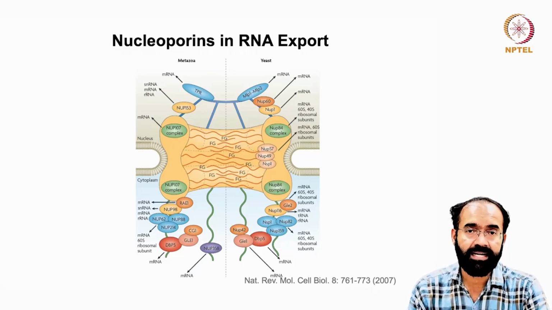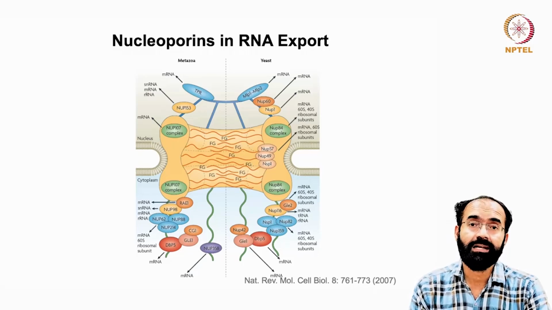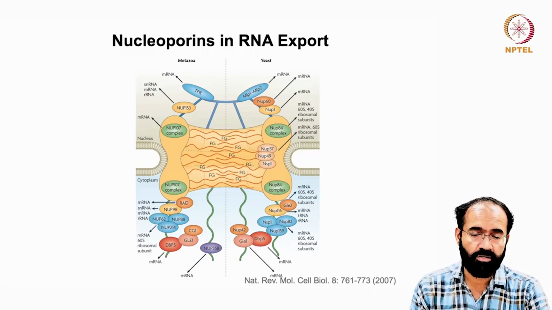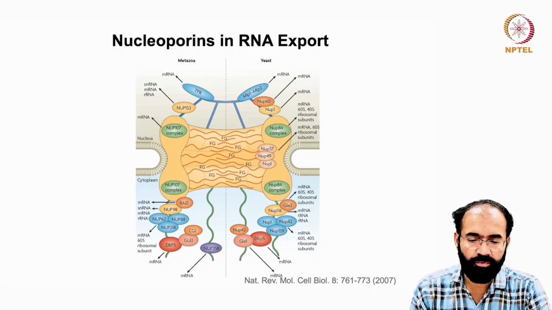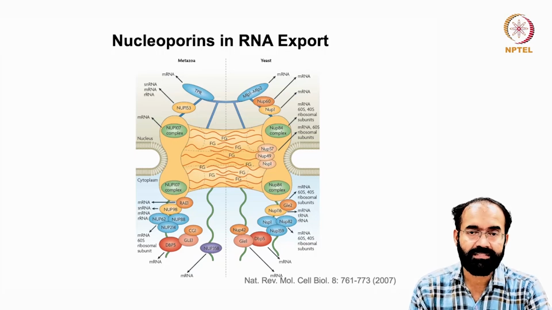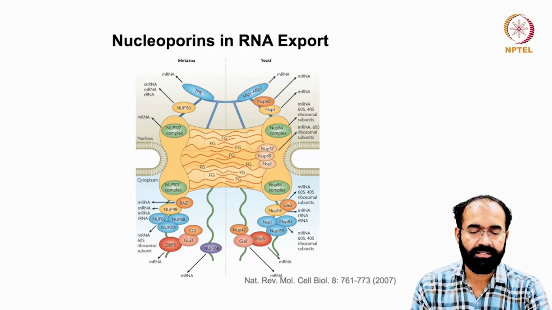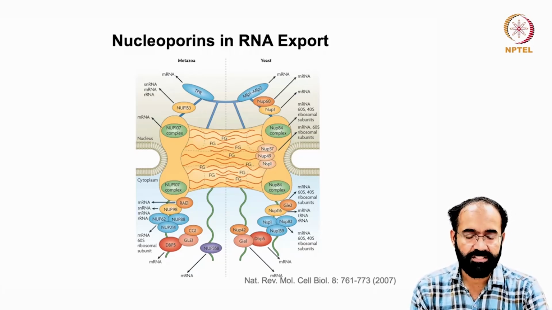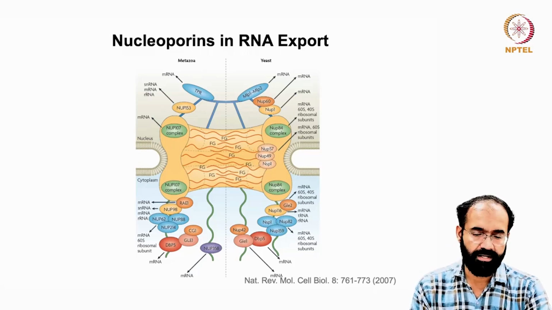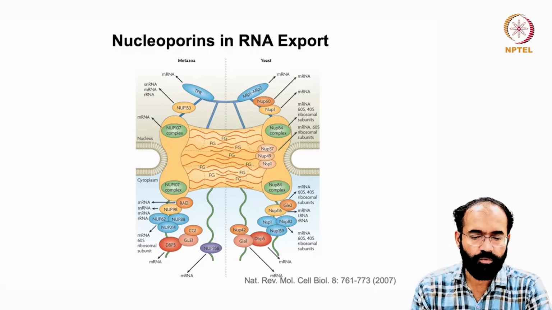On the left-hand side you can see the typical metazoan, that is, all multicellular organisms. On the right-hand side you are seeing yeast-specific proteins. That means you have the NUP84 complex in yeast, whereas it is the NUP107 complex in the metazoan. This is the main difference. Functionally they are similar, but name-wise or amino acid sequence-wise they are different. The same goes for the rest of the proteins.